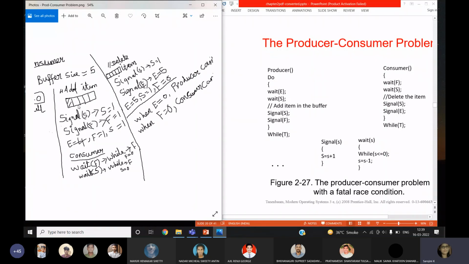The producer has to complete the production, then only can the consumer consume. If producer and consumer go at the same time, then a race condition will occur, because one depends on another. The output of the producer is taken as an input for the consumer. So these are dependent processes.